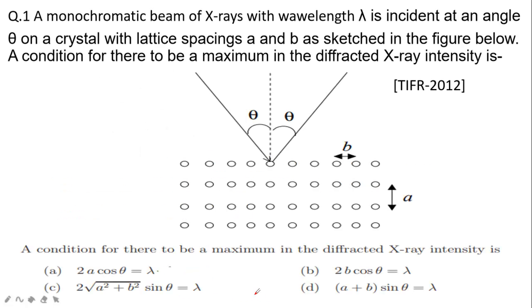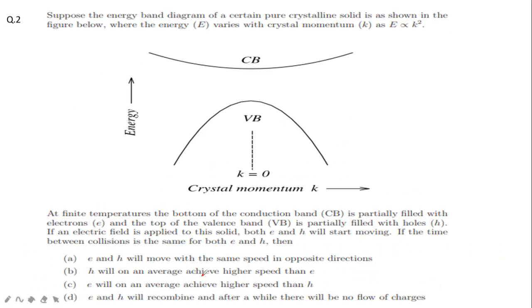Let's check the options. Among these 4, I think option A is the correct one, 2A cos theta equals lambda. Here they are putting n equals 1. So the suitable condition for maximum diffracted X-ray intensity is 2A cos theta equals lambda. Moving ahead, second question.